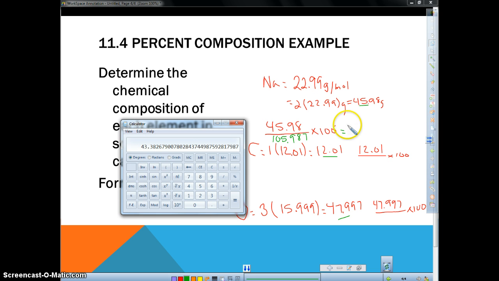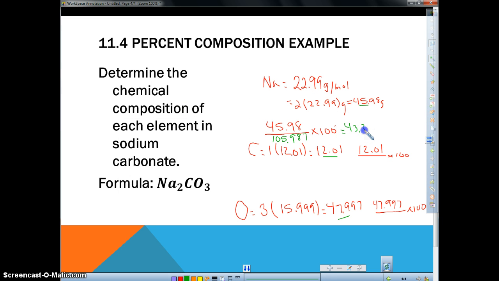It'll stay the same. So I have 43.38%. When I'm given a mole of this stuff, or 1 unit of it, this compound will be 43.38% sodium as far as the total number of grams of sodium.